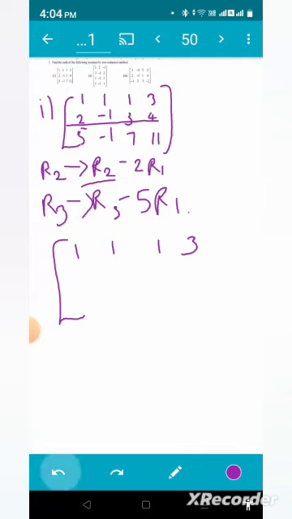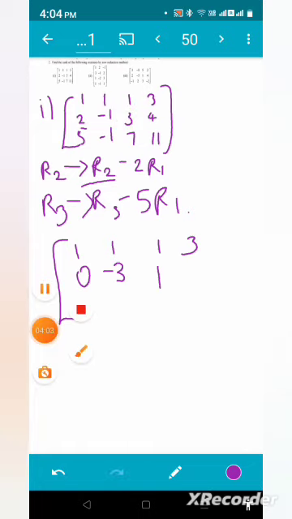So for first one we get 0, second one minus 1 minus of 1 into 2, that is 2, minus 1 minus 2 we get minus 3 here. Then 3 minus of 2, that is plus 1.